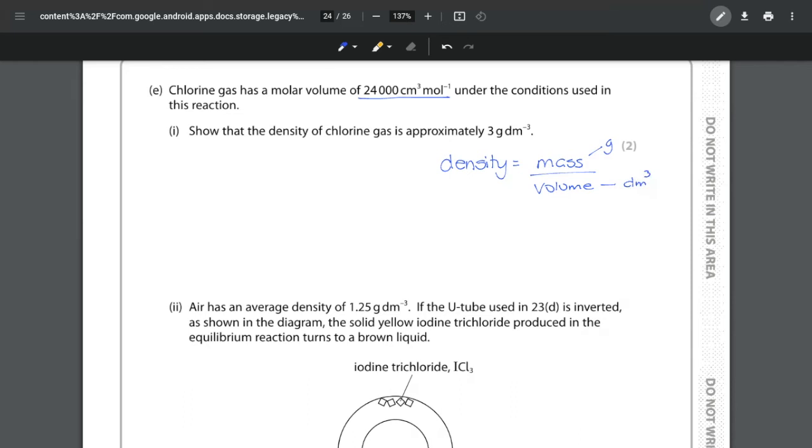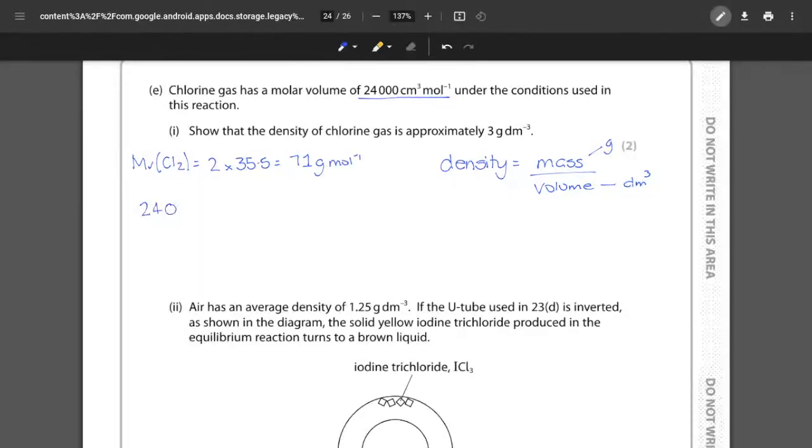So let's first of all work out the Mr of the chlorine. That's going to be 2 times the 35.5. And of course, you can look that up in your data book or on the periodic table if you can't remember. So that is 71 grams per mole.